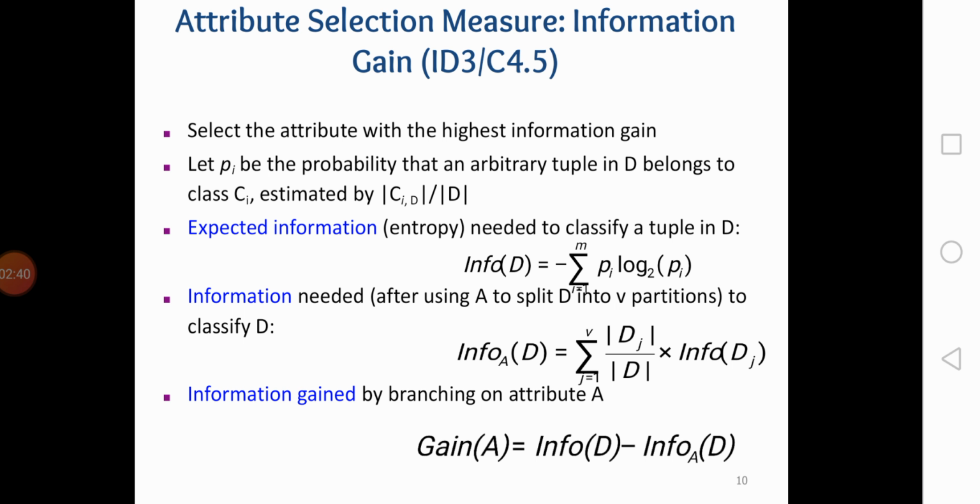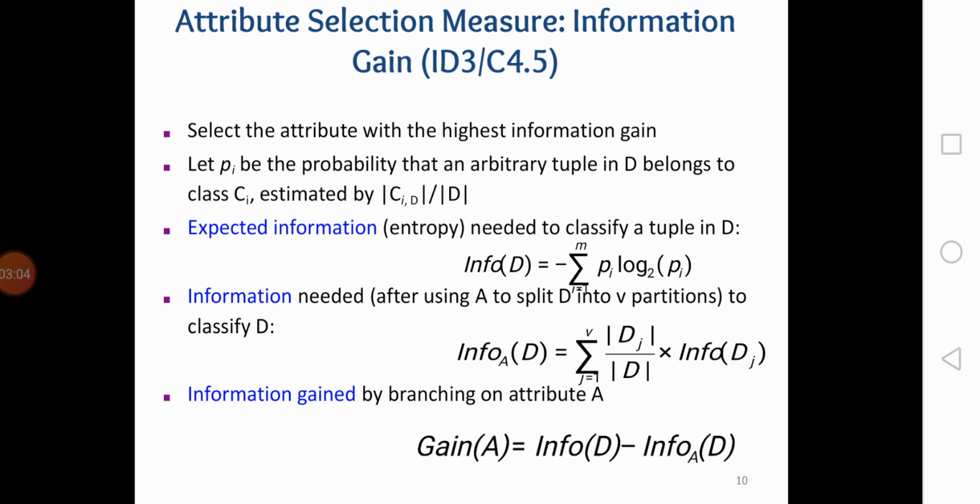Here Info(D) is the average amount of information needed to identify the class label of a tuple in a given data partition D.